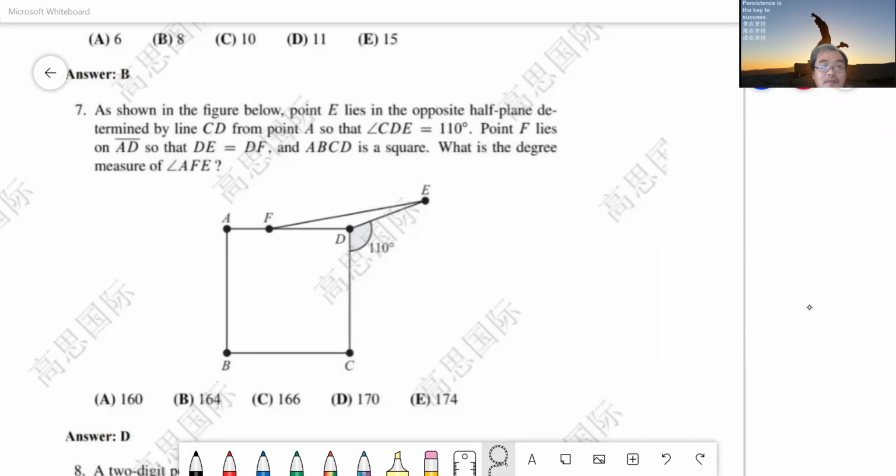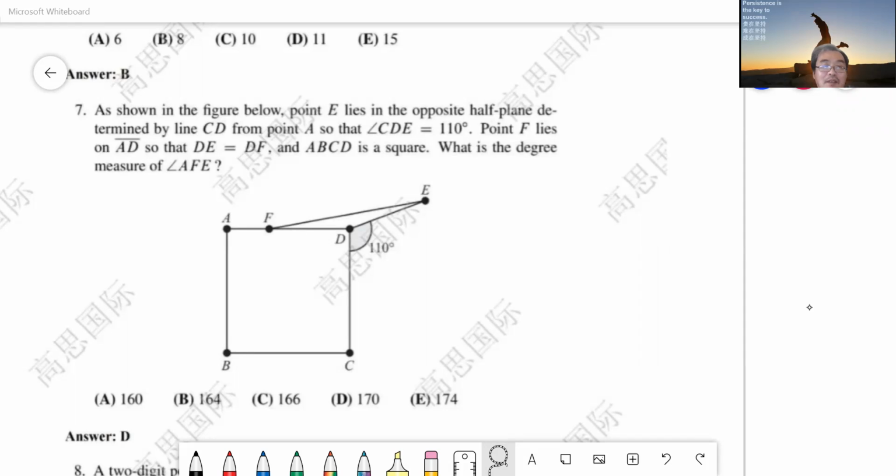Question number 7. As shown in the figure below, point E lies in the opposite half plane determined by line CD from point A, so that angle CDE is 110 degrees.